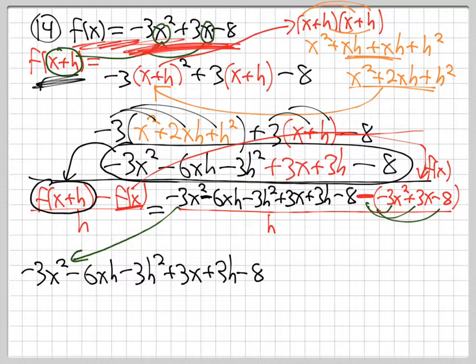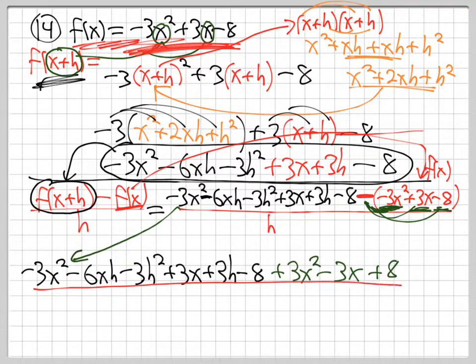What's going to happen? What happens when this minus hits the minus 3x squared? Plus 3x squared. Everybody good there? Minus hits minus, makes plus. Two minuses hit, they make plus. And then minus hits the plus 3x, makes minus 3x. And minus hits the minus 8, makes plus 8. All over h. Messy algebra, huh?